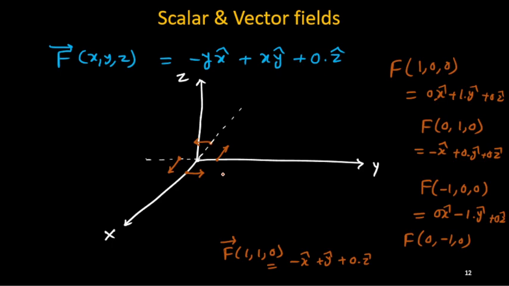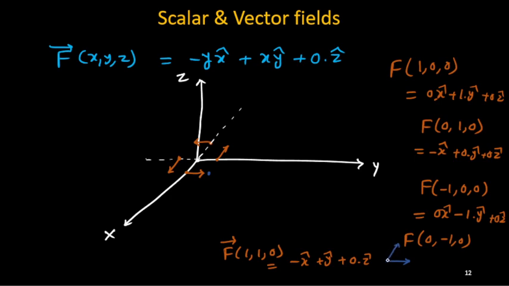So what is the point? 1 comma 1 comma 0. The corresponding point is here. I'll take another color to show these things. So this is the point. And this direction, one is positive y and negative x, so it's a 45-degree direction. This is your y and this is your minus x.